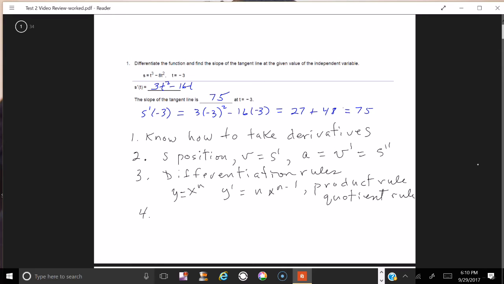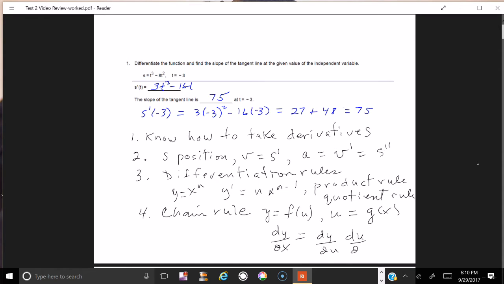Then you need to know the chain rule, which really means that if you have y equal to a function of u, but u is also a function of x, then if you want to take dy/dx, you first take dy/du and multiply it by du/dx.